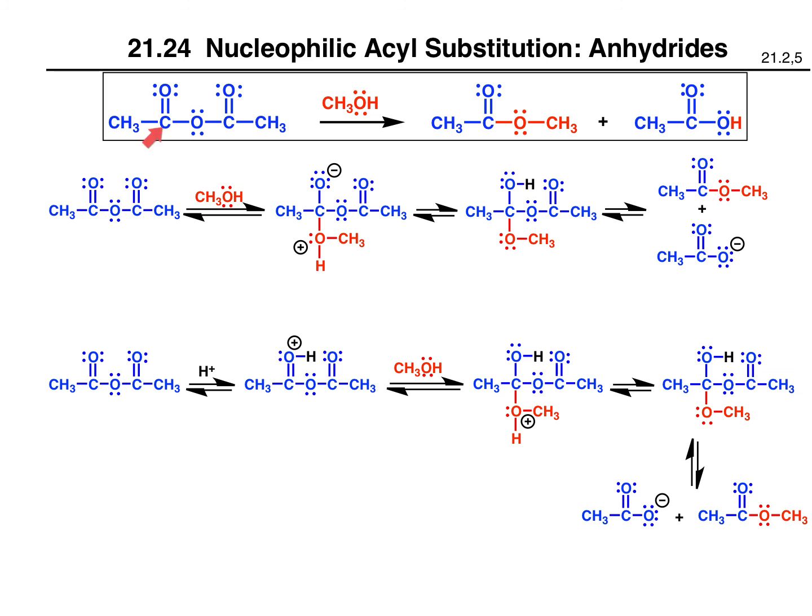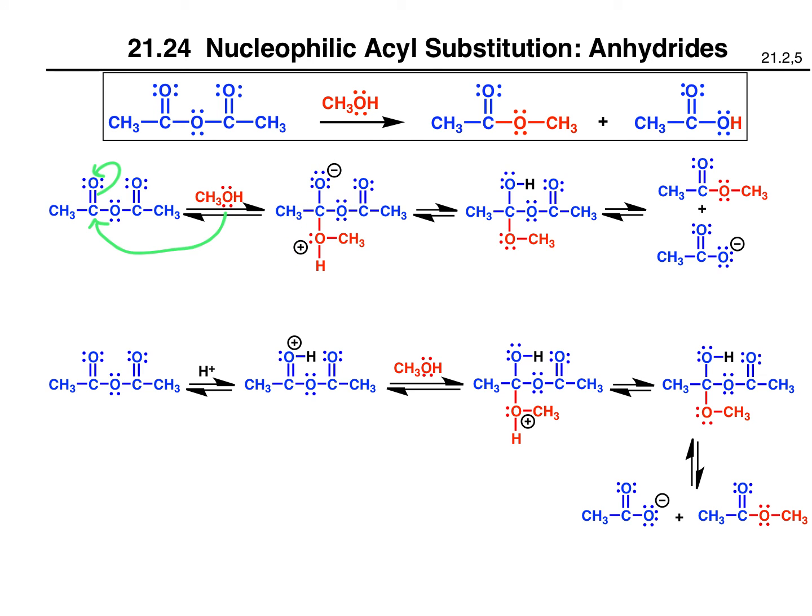Here's an example of an anhydride reacting with an alcohol to form an ester plus carboxylic acid. If we think about it as if it was under neutral conditions, then our alcohol would add here, push these electrons up onto the oxygen, and then we get this not so good species where we have a positive charge and a negative charge on oxygen in the same species.